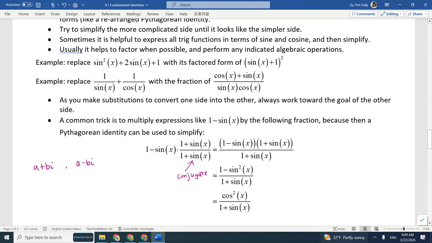If you see 1 minus sine x, you multiply by the conjugate. Conjugate means you change the middle sign from minus to plus. And the trick is 1 minus sine times 1 plus sine is the formula a minus b times a plus b is a squared minus b squared. So you get 1 minus sine squared, which is cosine squared. Okay, everybody?